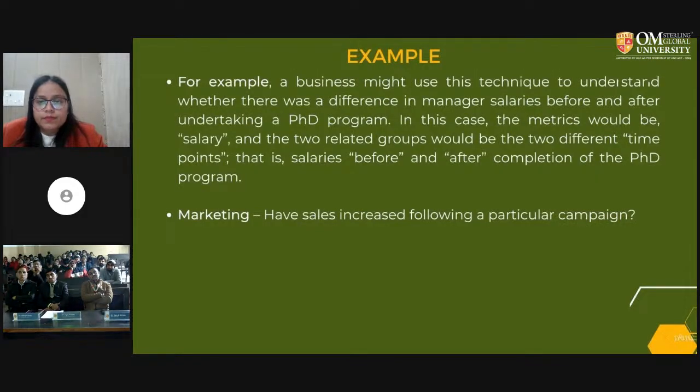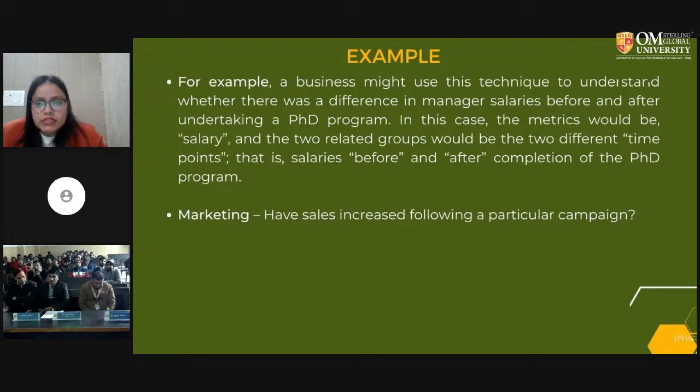For example, a business wants to use this technique to understand whether there was a difference in managers' salary before or after taking a PhD program. So they want to study whether there is a difference between the salaries of the managers before or after undertaking a PhD program.